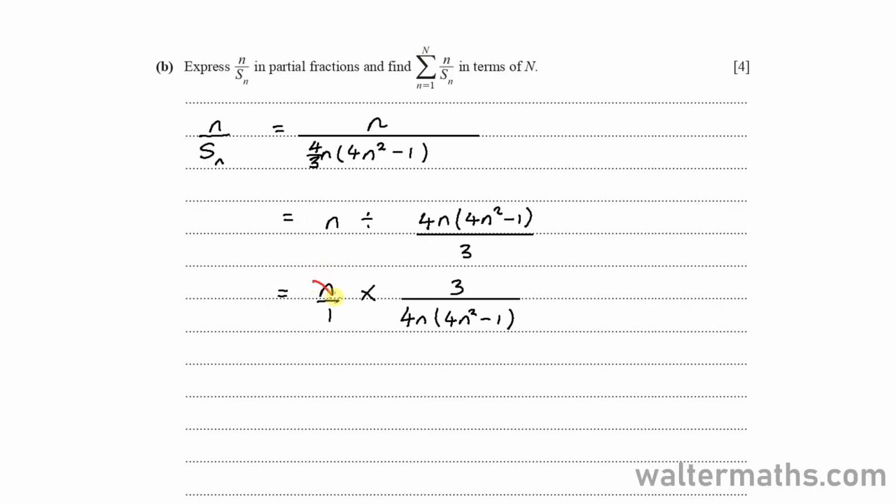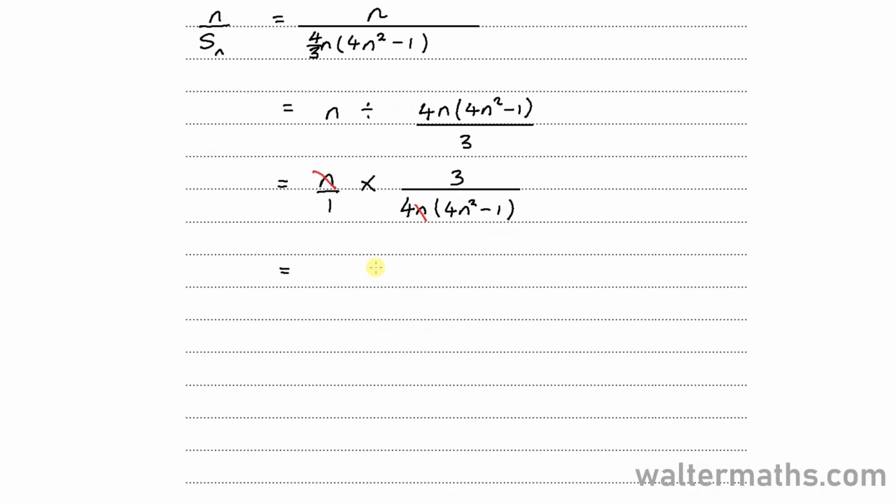So here we can cancel out the n's, which means that we'll be having 3 over 4 of (4n squared minus 1). Now this can also be expressed as 3 over 4 of (2n plus 1)(2n minus 1), using the concept of difference of two squares.